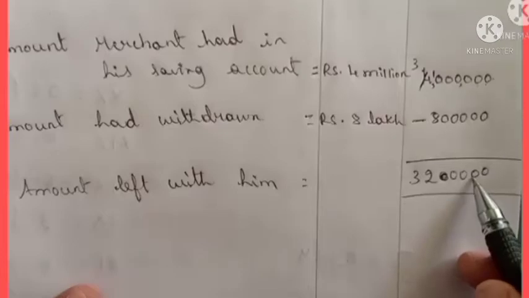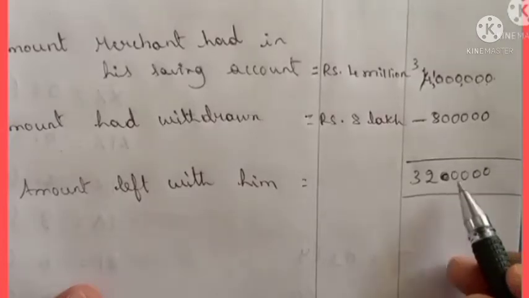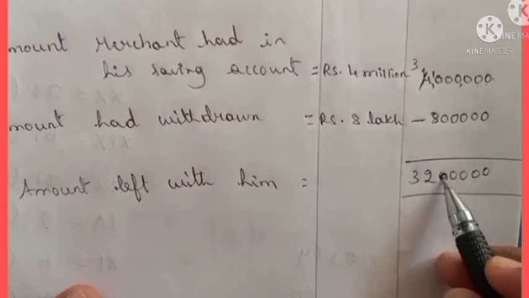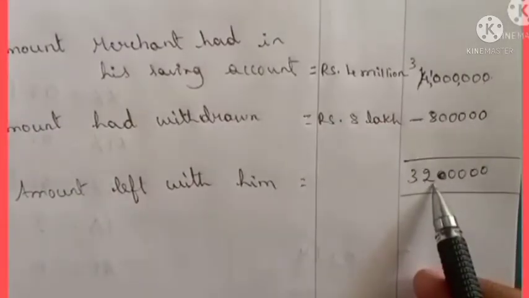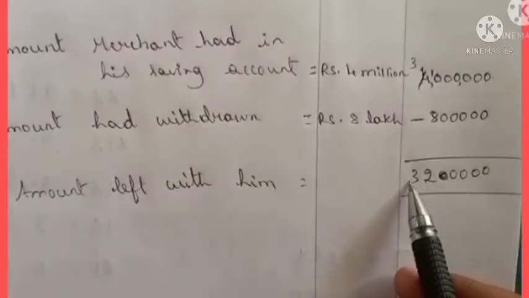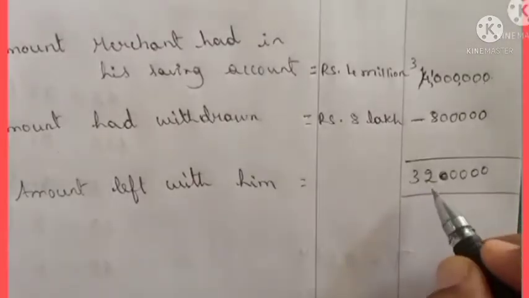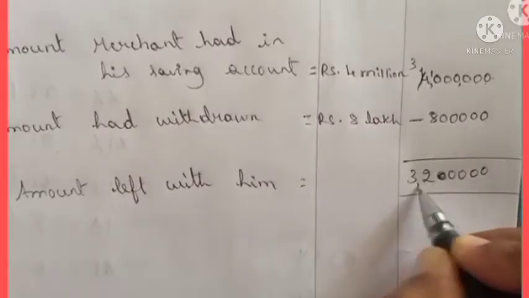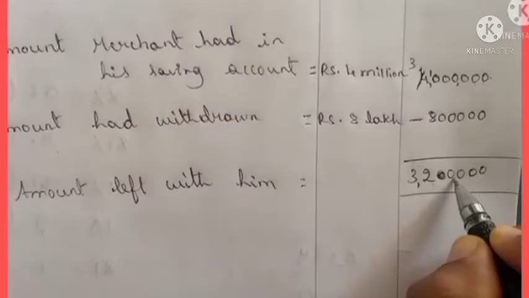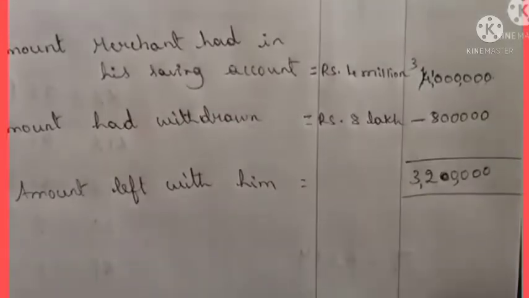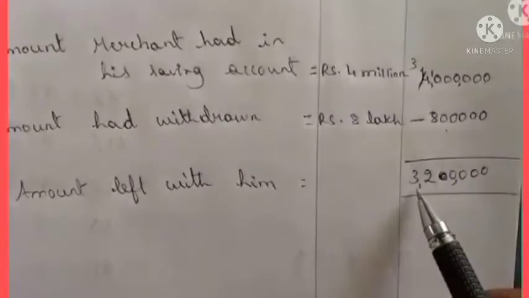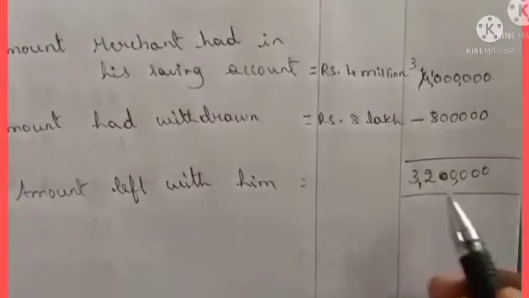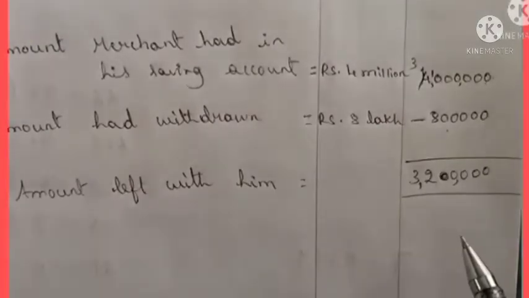Count ones, tens, hundreds, 1000, 10,000, then so 2 is in 100,000, isn't it? 100,000, this is million. So now 3 million, okay, 3 million. Next 200,000. Okay, so in 4 million, if you take out 8 lakh, so how much is remaining, dear children? 3,200,000 is remaining.